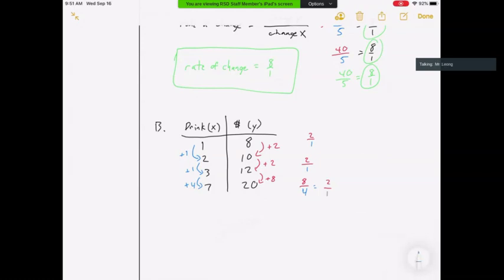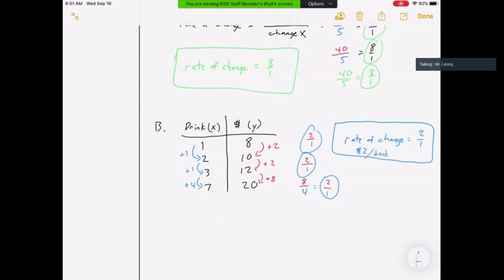So the rate of change for this table is that number that keeps showing up. 2 over 1, or a better way to put it maybe is $2 for one drink. That's your rate of change.